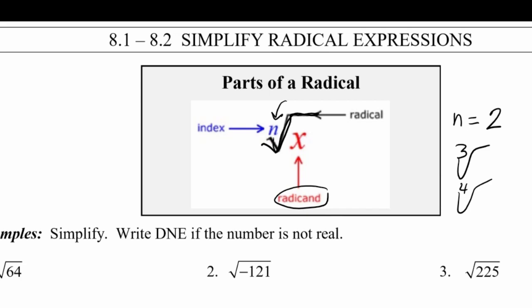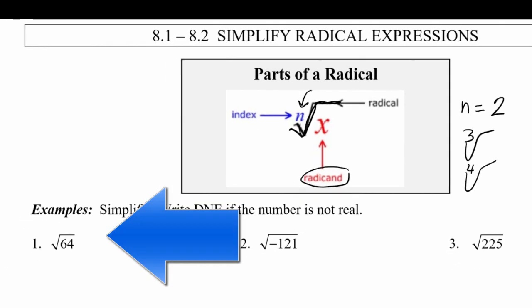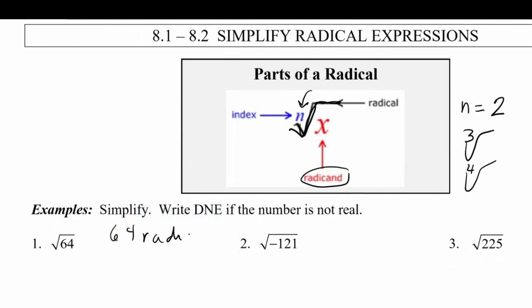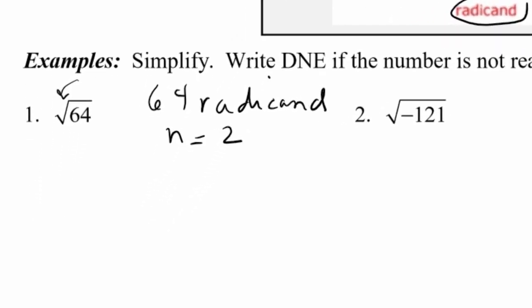Okay, so for example, here in example number 1, we are looking for the square root of 64. So 64 is called the radicand, and then n is 2, the index, when it's not written in. That's understood to be 2, and that means that we're looking for a square root. So what does this represent? Well, when we're looking for a square root of 64, we're looking for what number do we square to get 64?